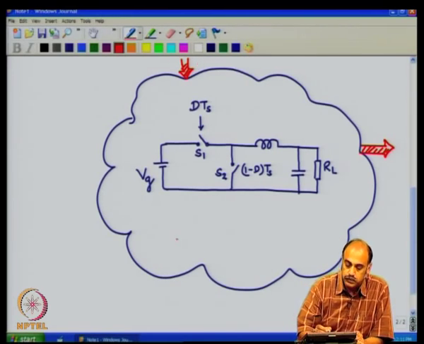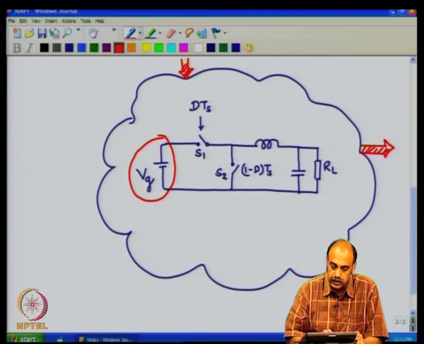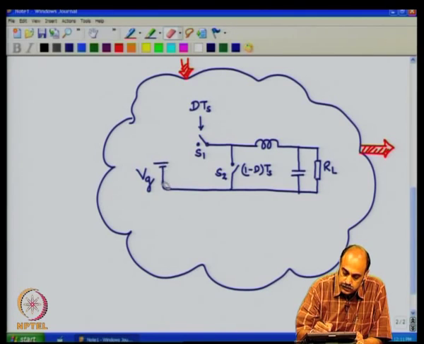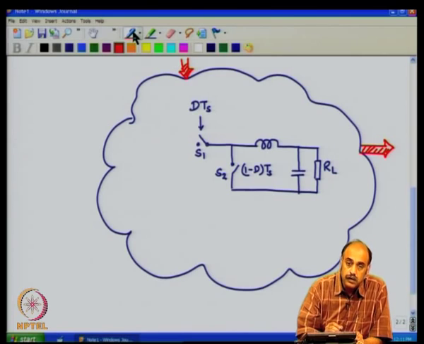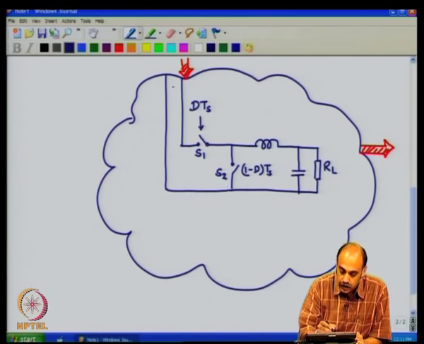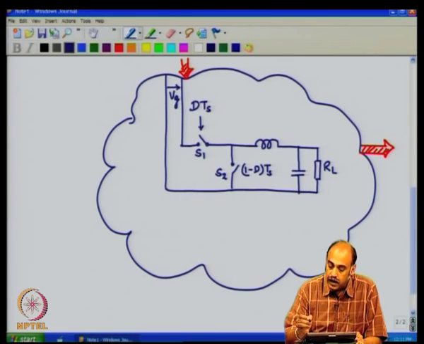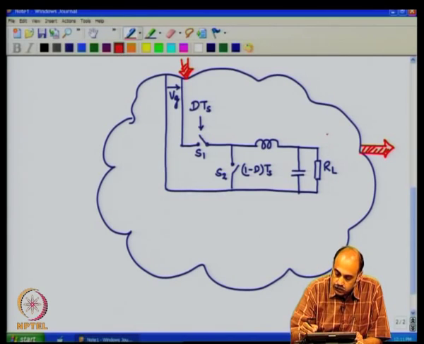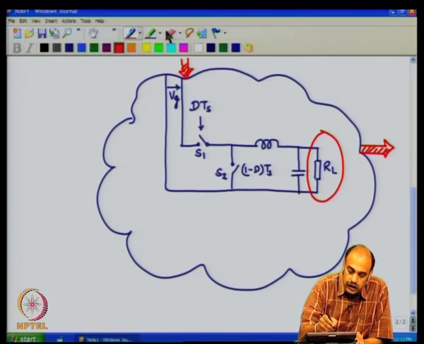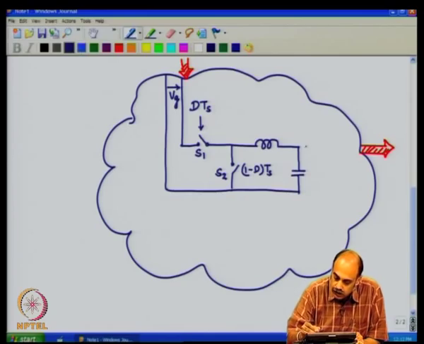So, what is the input and the output? If you look at this portion, this is the power input to the buck converter. So, that basically constitutes the input power. Let us rewrite that as coming from here, and the voltage here is Vg, the generated voltage, and the output you see is on this side, and we shall bring that out in this fashion.